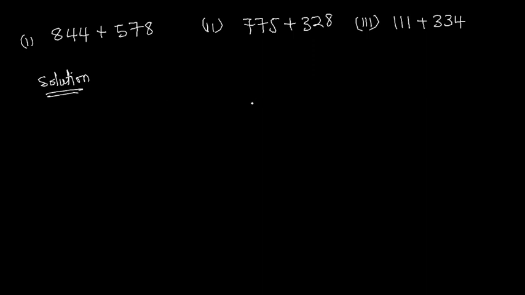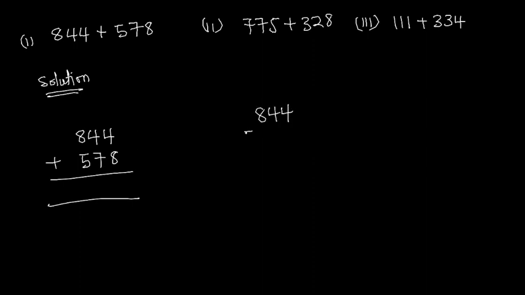Alright, so the first thing I will do is to rewrite these 3-digit values in the column format. So I have 8, 4, 4, then 5, 7, 8. My addition sign is over here. Note that I did not write 8, 4, 4 and then I brought my 5, 7, 8 over here.